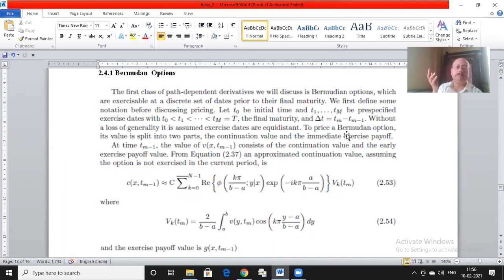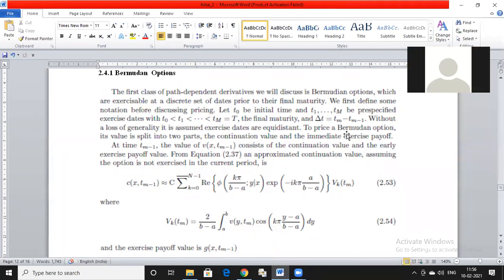In a discrete setup, that's what we work with. So a Bermudan option is basically a discrete time American option situation. Is that connection clear? Do you remember the binomial tree? Yes? Yes, sir. Okay, thank you.